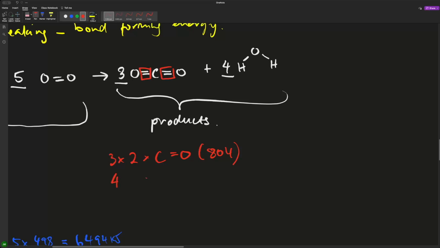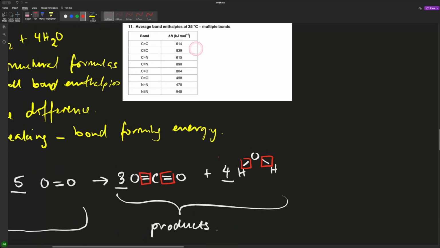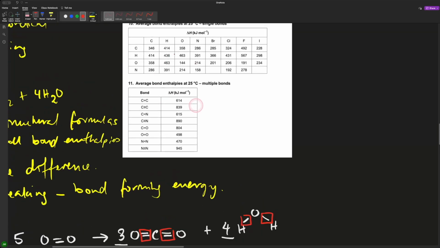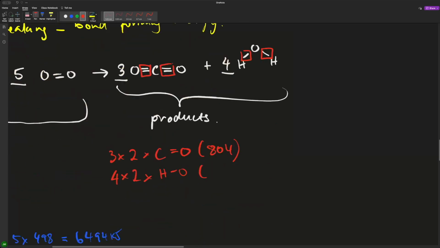Okay, 4 times the HO or OH bond. Now there are 2 of them in each water molecule. So it's actually 2 times the OHs, and we have 4 H2O molecules. So in total there's 8. And the OH bond has 463 kilojoules in it.